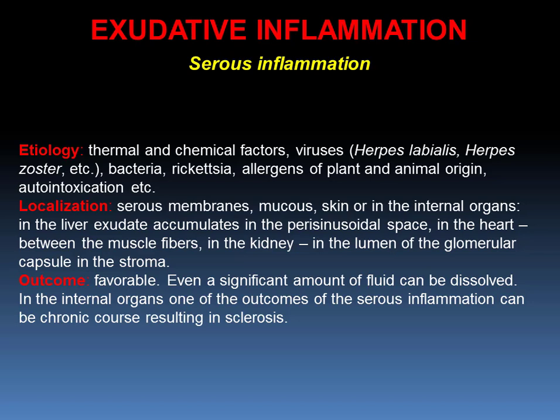It contains mainly albumins, globulins, lymphocytes, a very small amount of neutrophils, epithelial and mesothelial cells, and partially resembles transudate in its appearance. But compared to transudate, it is inflammatory fluid. Outcome is usually favorable. Even a significant amount of fluid can be dissolved. In the internal organs, one of the outcomes of serous inflammation can be a chronic course resulting in sclerosis, but it's a very rare outcome.